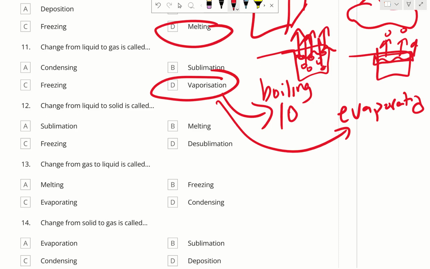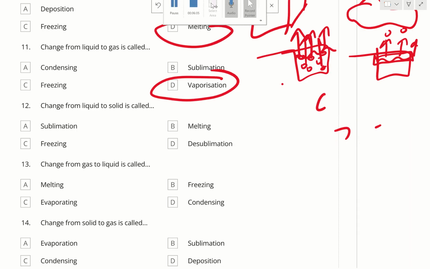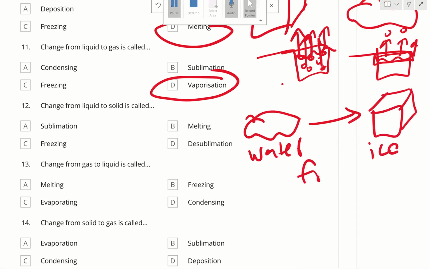So boiling happens at 100 degrees Celsius. Evaporation can happen anywhere from like 25 to 99.99, whatever. So if I go from a liquid, water, to a solid, like ice, that's called freezing.